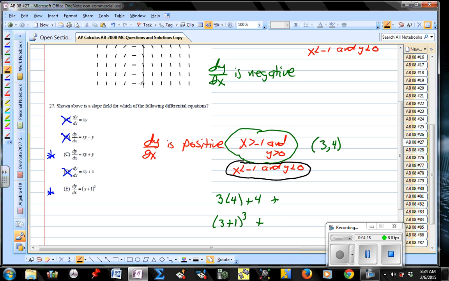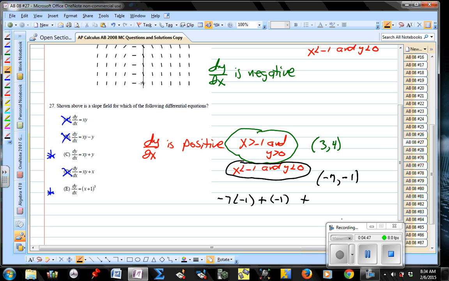So now let's check this other condition. Our slope is going to be positive if x is less than -1 and y is less than 0. So let's pick any point in that region just for starters. Say x is -7, and y is less than 0, so say y is -1. Checking part C, we would get x times y, that's -7 times -1, plus y, plus -1. 7 minus 1 is positive.